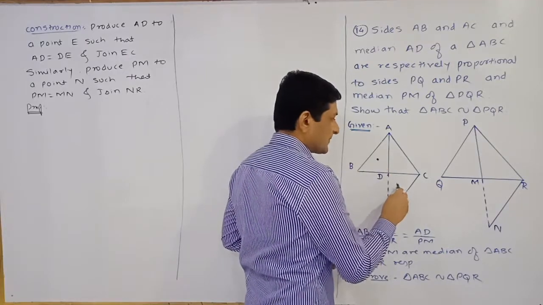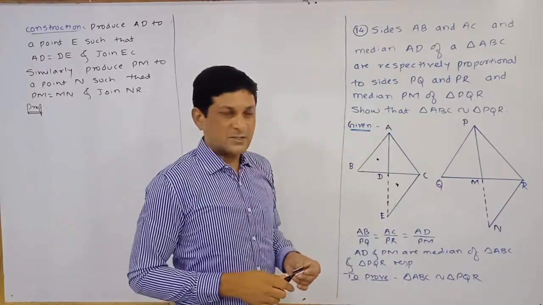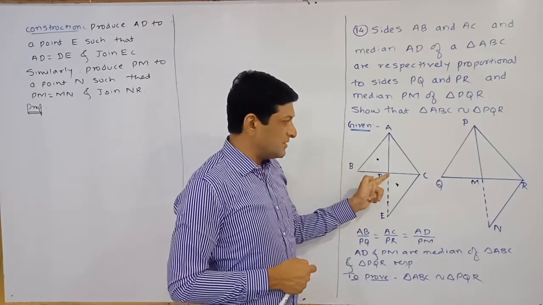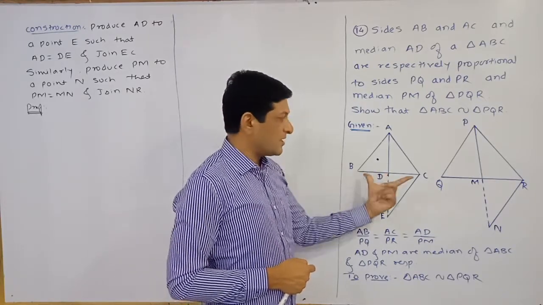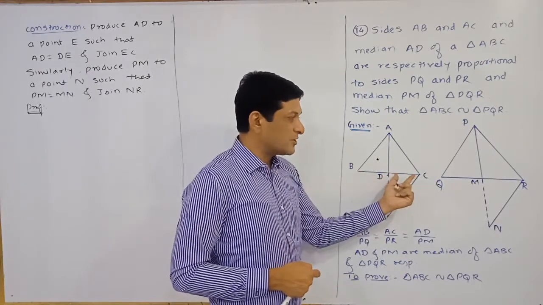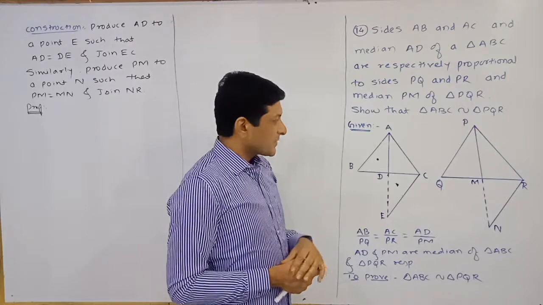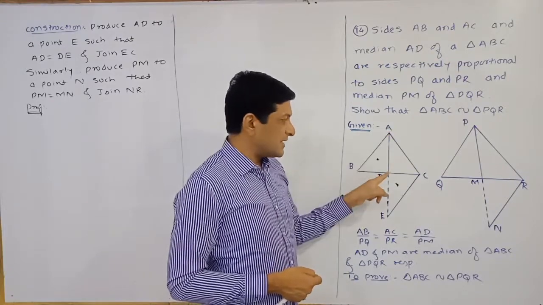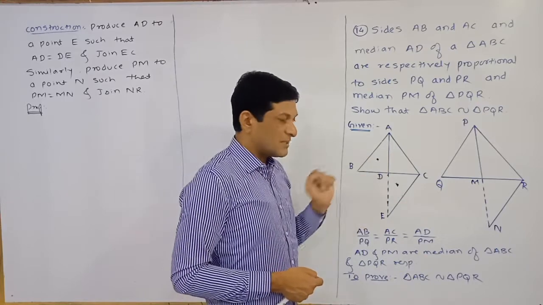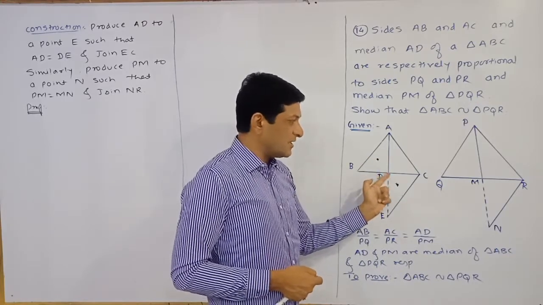Now first we are trying to show that these two triangles are congruent to each other. In these two triangles, see the given conditions. It is given that D is the midpoint of BC, because AD is the median. So we can say that BD is equal to DC. And our construction says that AD is equal to DE. So these two sides are also equal, and these angles are vertically opposite angles.